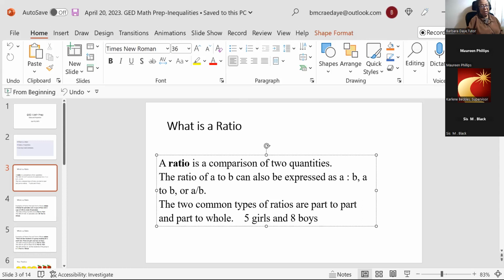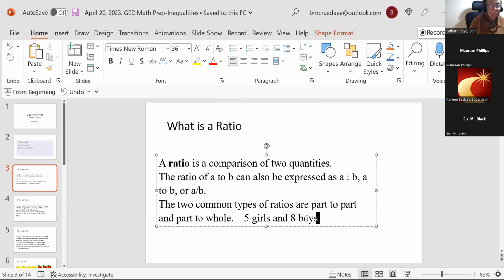And I say, what is the ratio of boys to girls? What would you say, Mercedes? In the sentence that you gave? What is the ratio of boys to girls? 5 to 8. Nope. I said boys to girls. What are you saying, Maureen? Part boys and part girls. No. I'm telling you the numbers. You have 5 girls and 8 boys, Maureen.